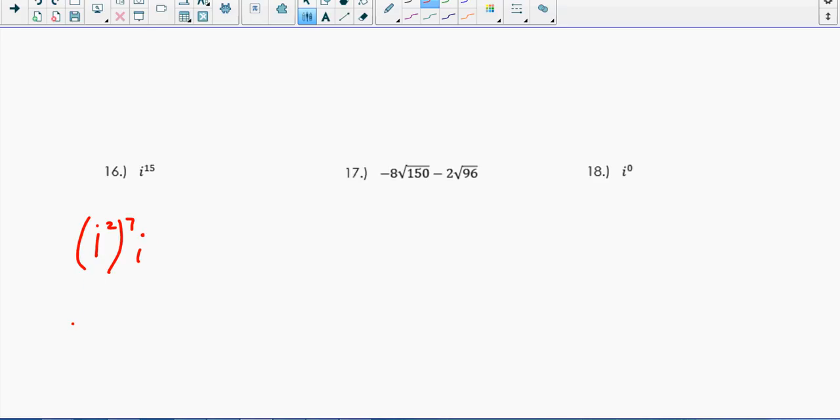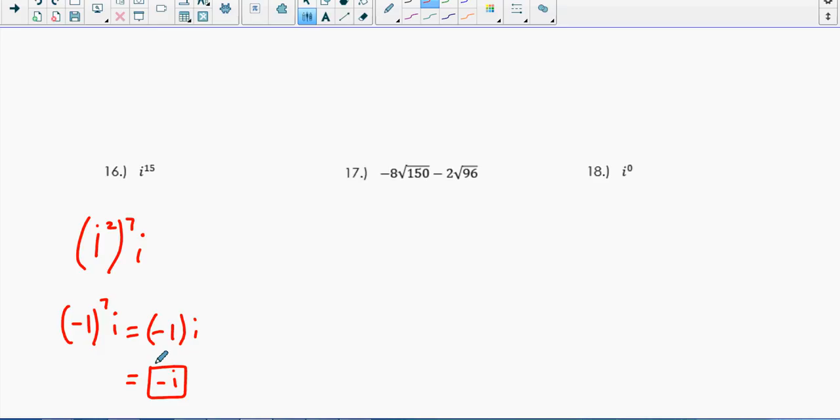So i squared is negative 1, raised to the 7th power, times i. Negative 1 multiplied 7 times, since this is odd, gives you negative 1. Then I multiply by i, which means my answer, negative 1 times i, is negative i. So i to the 15th power is negative i.